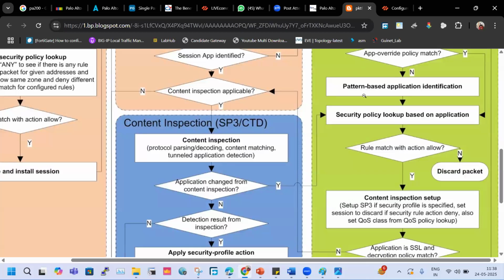Application shift, like suppose I have opened facebook.com, and after opening it, I clicked on games. We have many features available inside facebook.com, like Facebook video, Facebook chat, Facebook games, Facebook post. Those are the signatures available within our firewall.